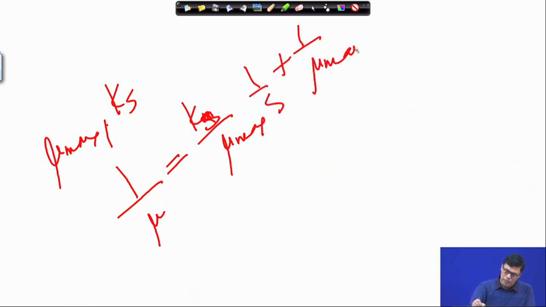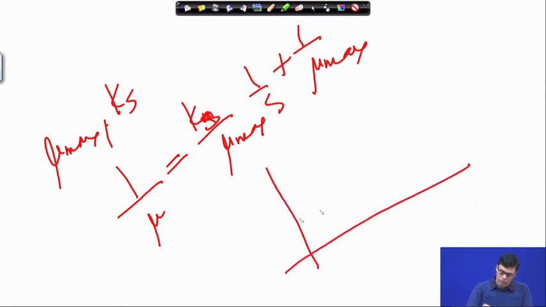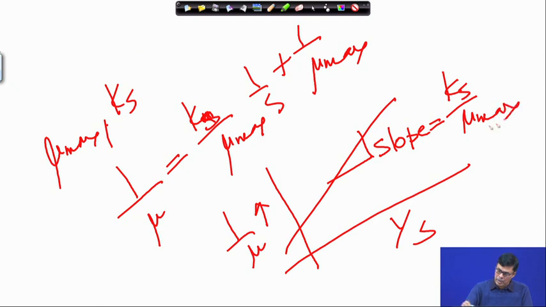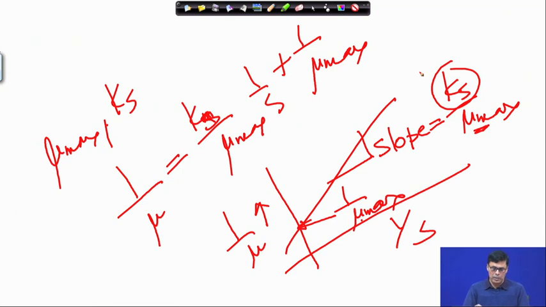Am I right? So if you plot 1 by mu versus 1 by S, we will get a straight line. The slope will give you the value of Ks by mu max, and the intercept will give you the value of 1 by mu max. So this is how we can find out. This mu max value you can put here, and we can find out the value of Ks.